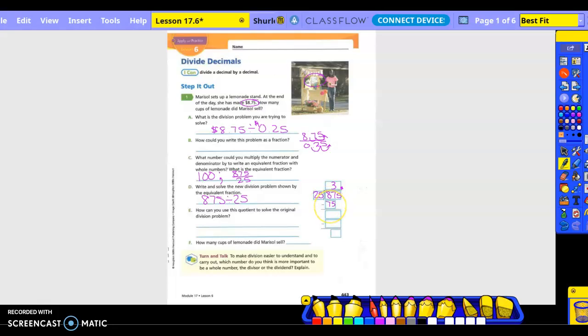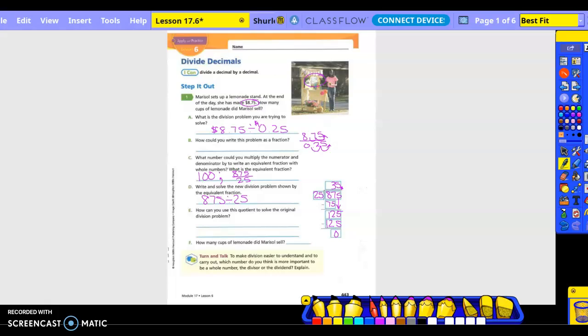Minus 75 leaves me with 12, and I bring down the 5. How many quarters go into $1.25? 5. 5 times 5 is 25. Mentally carry the 2. 5 times 2 is 10, plus 2 is 12. And do I have anything left over? No.